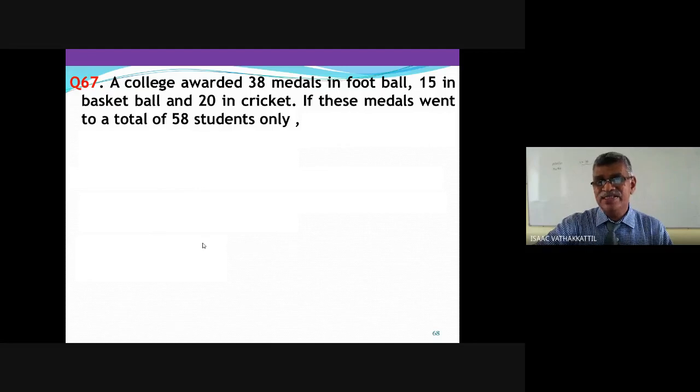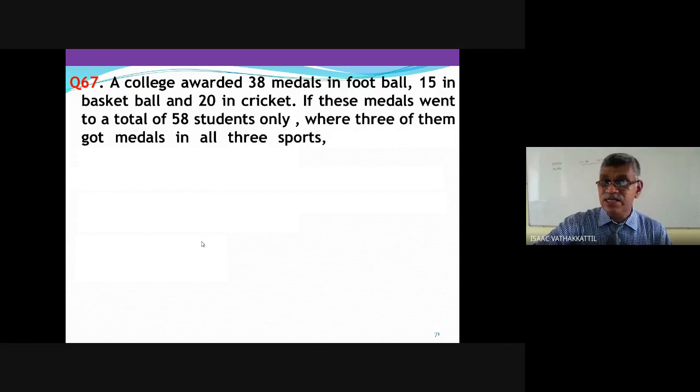And it is given that 3 of them got medals in all these 3 sports. Out of 58 students who got the medals, 3 of them got medals in all 3 sports. So out of the remaining 55, few got 2 medals, few got 1 medal.